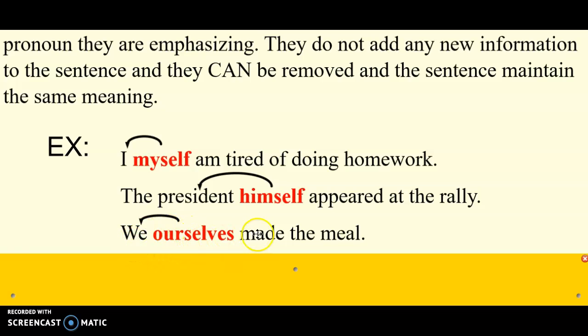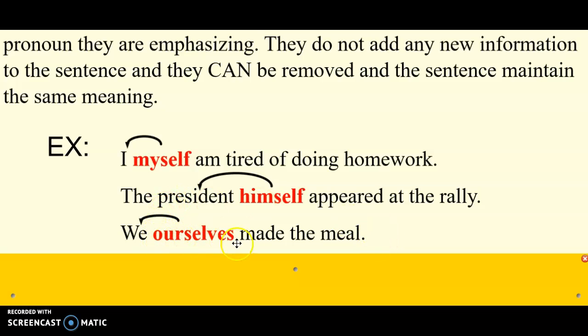All right, one more. We ourselves made the meal. Okay, so again, ourselves is my pronoun. It is immediately following the subject. I could take it out and it doesn't change the meaning of the sentence. I could simply say, we made the meal, all right?